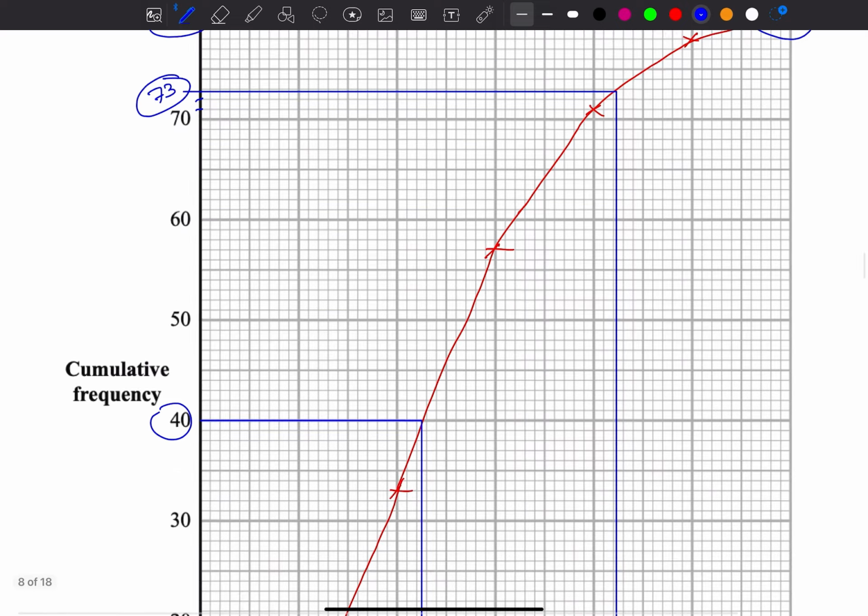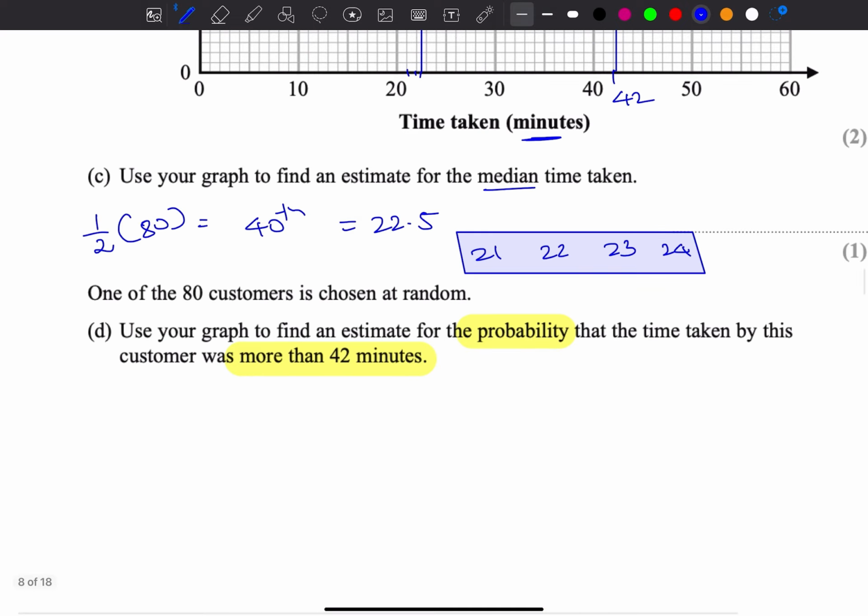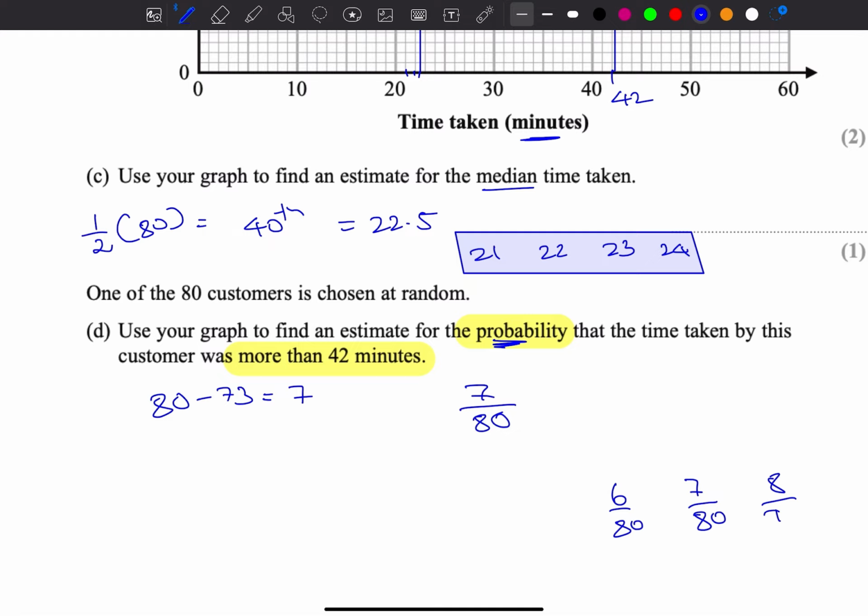So don't write 73. Remember, you take away from the total. What was the total? 80. Take away 73, which is 7. And you want a probability, so 7 out of total 80. You can write 6 out of 80, 7 out of 80, 8 out of 80. Any of those three answers, you'll be fine. Don't bother simplifying this fraction.